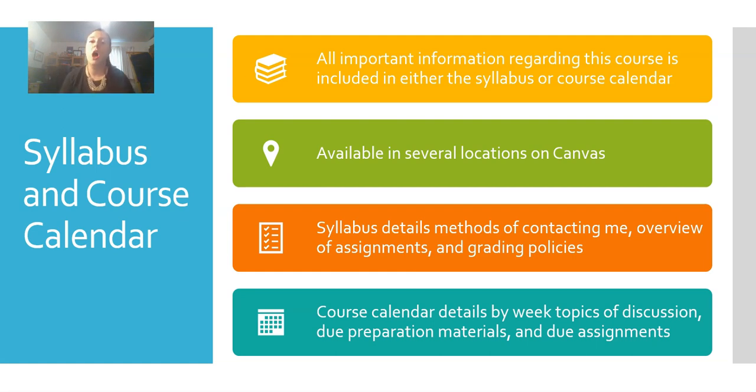First and foremost, all important information regarding this course is included in either the syllabus or course calendar. So if you have any questions about policies, like regarding late work, or about what textbook you need to buy, or about when something is due, you will be able to find that on the syllabus and course calendar.